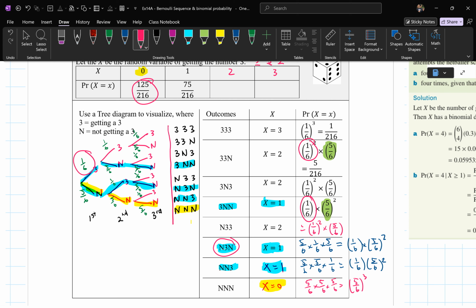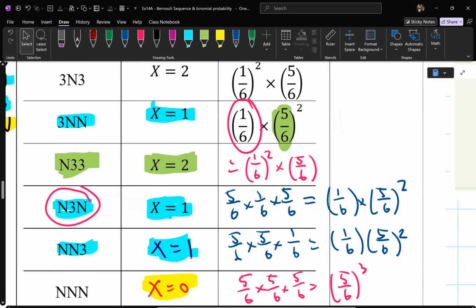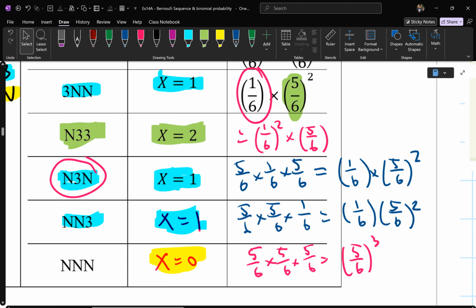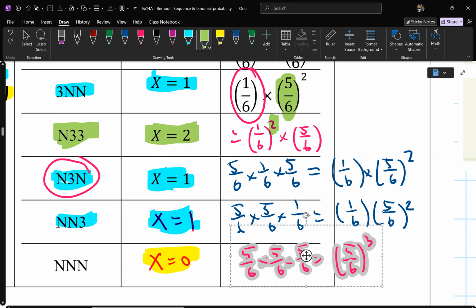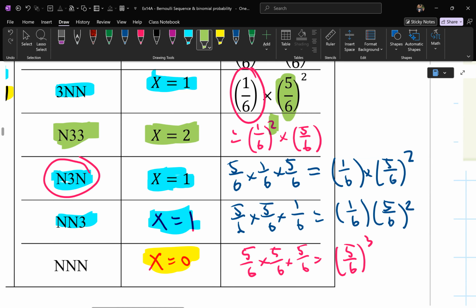So here's the thing. Can you see now, as I color it in green, when it's x equals 2, let's look at their powers. See, that's 2, the number of successes that you wanted. What you were looking for is 3s. How many 3s did I want? I want 2. I ended up with 2 for the power of 1/6. So (1/6) to the power of 2.